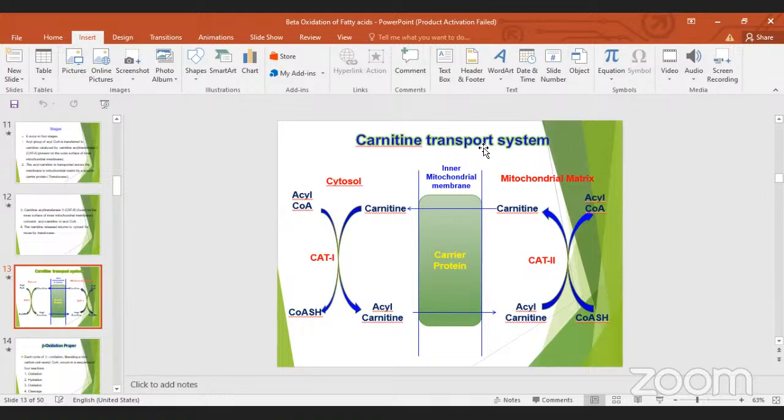Since oxaloacetate cannot diffuse into the mitochondria, it enters in the reduced form, malate. The malate is oxidized to regenerate the oxaloacetate.